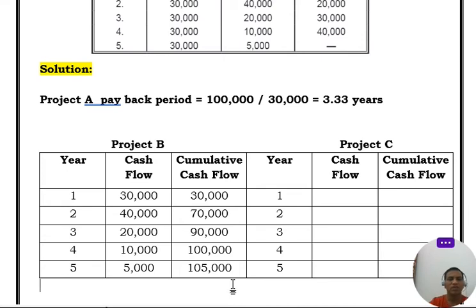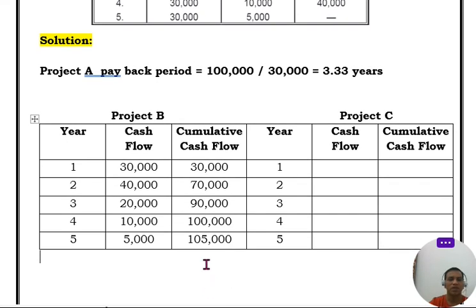So there is no need of the interpolation formula. If it is in between 4 and 5, then you have to use the formula, base year plus and all these things. The cost of the project 100,000 is recovered exactly at the end of the 4th year, so no need of any formula. Directly you can write down the payback period.